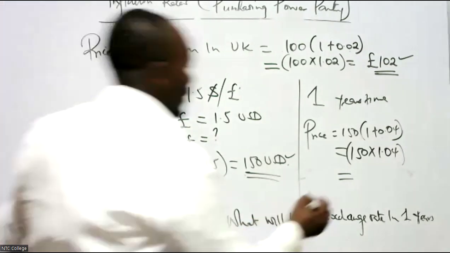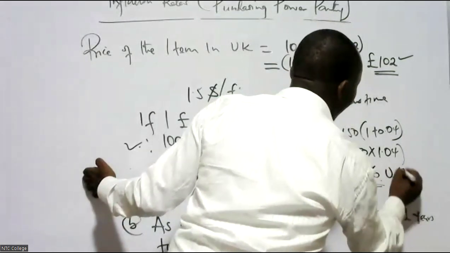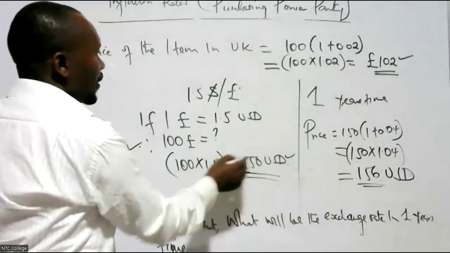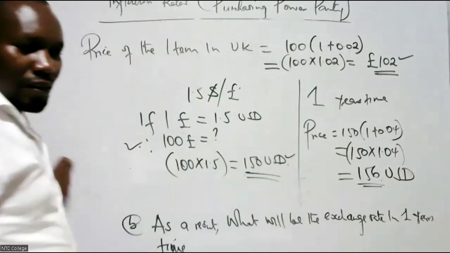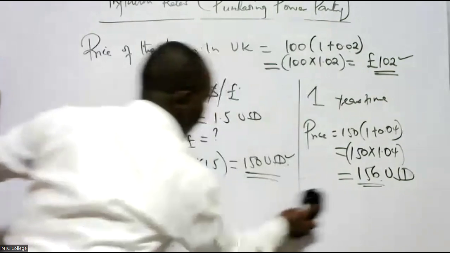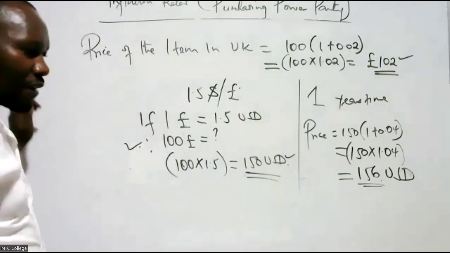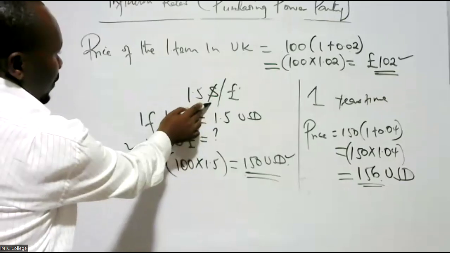Yes, 156. So that will be the price in 1 year's time. This is the current price when this one is 100. So in a year's time, it will be that. So what will be the exchange rate? So the exchange rate is just, which one was on top? It was dollars over pounds.